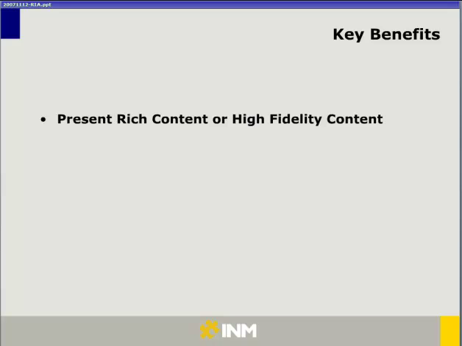So we've just got a little bit of information now about benefits, and we're going to do a quick overview on technology, and then we'll be ready to start to take questions from you if you've got some lined up. When we look at rich internet applications, we've seen a lot of the benefits. You saw how it was very easy to present rich content. So really image heavy, very interactive content, or high fidelity content is the other one, like we saw with the INM Library.